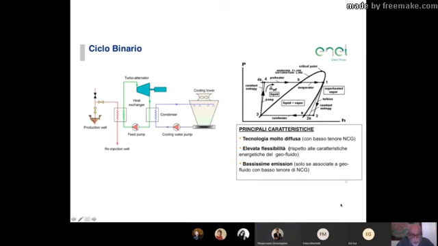Not at the moment. So one other drawback of the binary cycle is that since you're pumping out a lot of geothermal water and reinjecting a lot of geothermal water, you're going to produce induced seismicity. In many cases, this is not a big deal. In other cases, particularly where you have old villages made of poor masonry, no concrete, this can be a big problem.